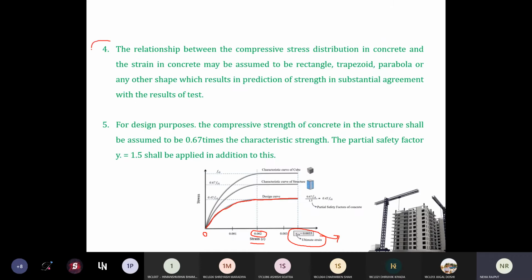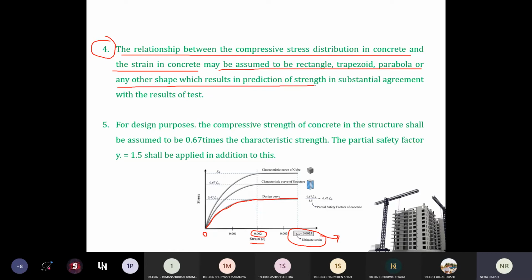Then the next assumption is that the relation between the compressive stress distribution in concrete and strain in concrete may be assumed to be rectangle, trapezoidal, parabola or any other shape which results in prediction of strength in substantial agreement with the results of tests. The meaning of this statement is that the stress distribution for the concrete may be assumed to be a rectangle, trapezoid or parabola.